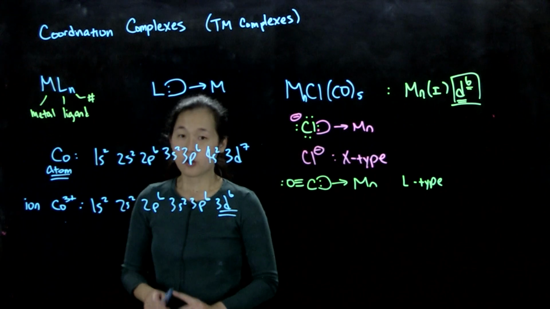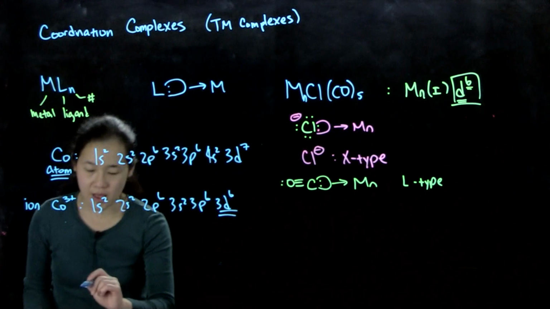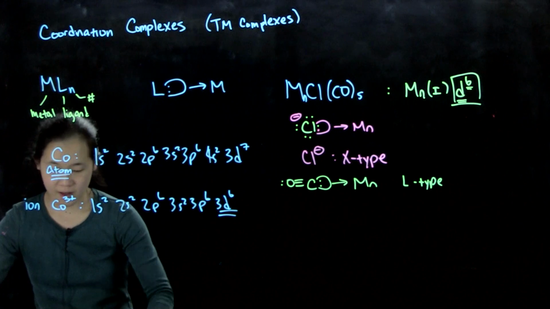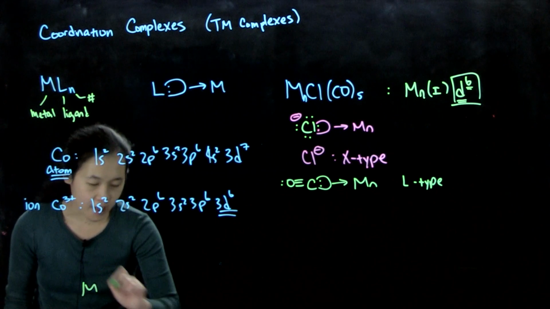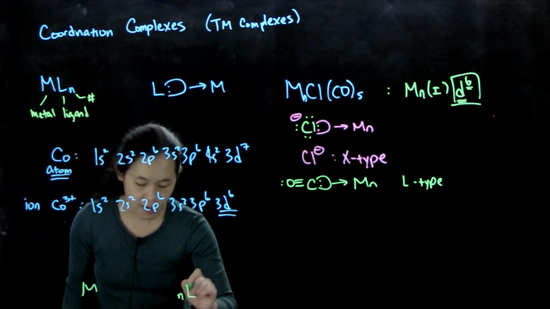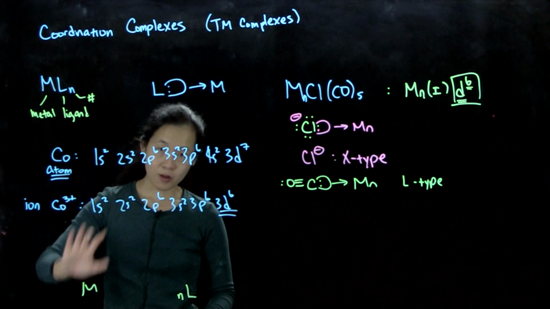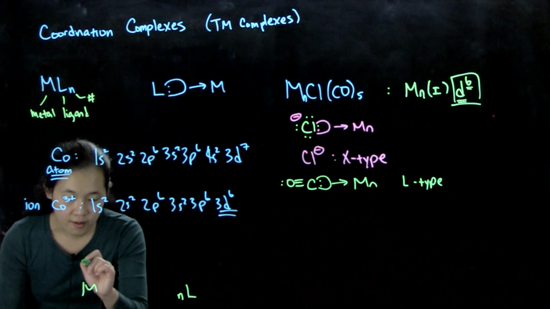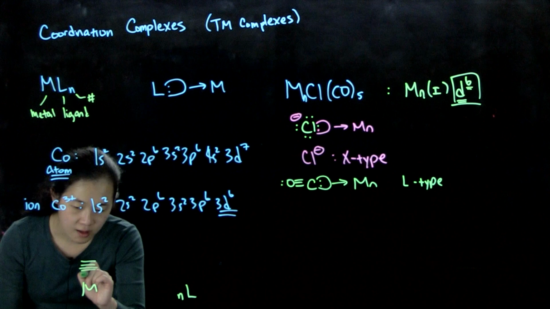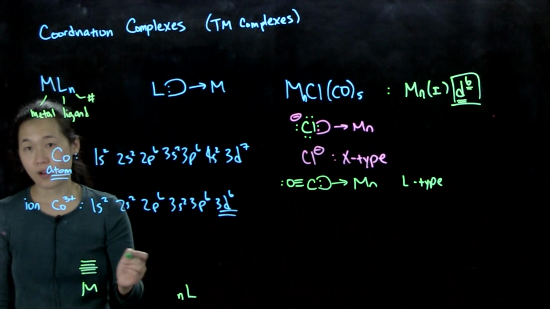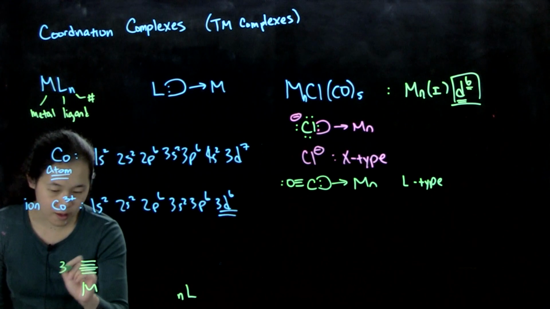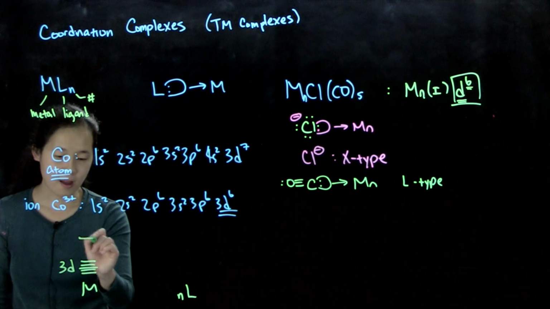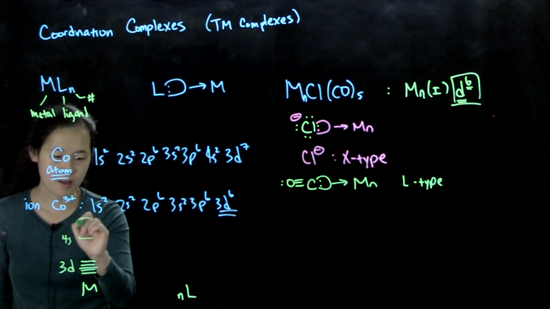So when we start drawing an MO diagram, with our metal on the left and our ligands on the right, you start drawing the atomic orbitals of the metal with the d orbitals. If this is a first row transition metal, there'll be 3d, and then we have the 4s, and then we have the 4p.